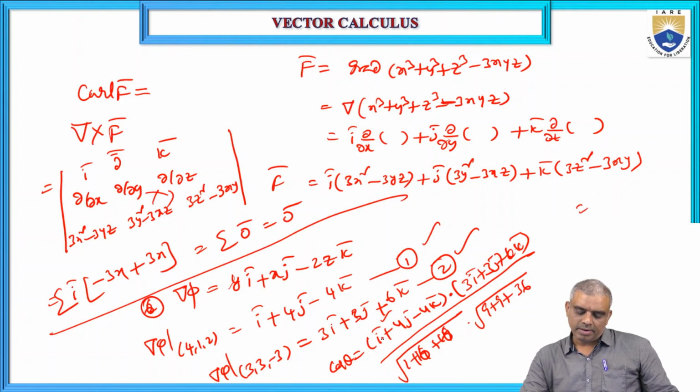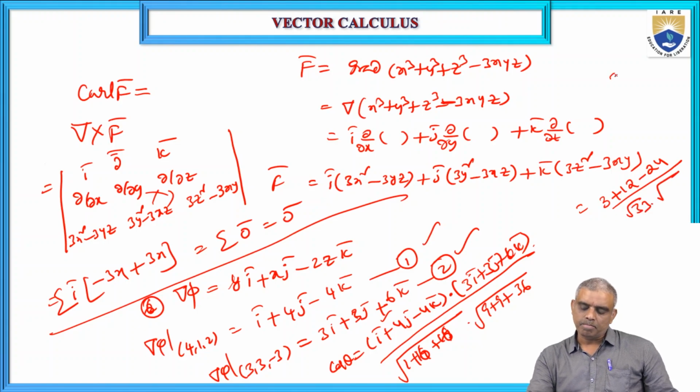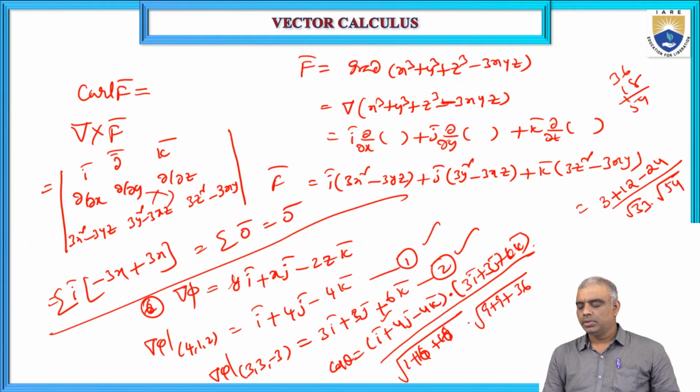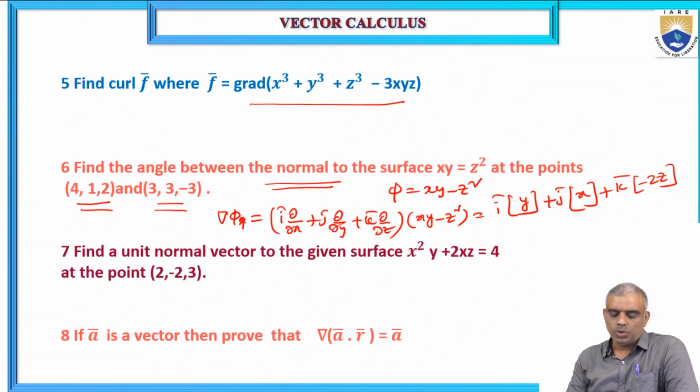In the numerator, 3 plus 12 minus 24, that is minus 9. That value divided by root 33 times root 54 is cos theta, and theta equals cos inverse of that, which is the required angle between the two surfaces.